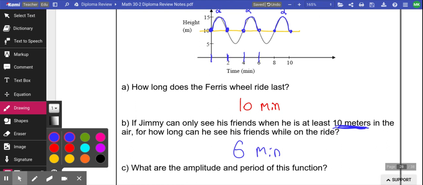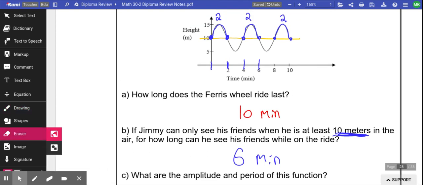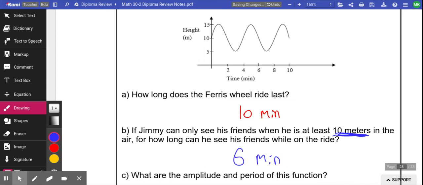Part C. What are the amplitude and period of this function? Amplitude is the distance, it's the A value, but we're not given an equation on this one. So this time, instead of using the number definition from our formula, we need to use the actual definition of what amplitude is. Amplitude is the distance from the top to the middle. My middle, if you can't see it, is 10.